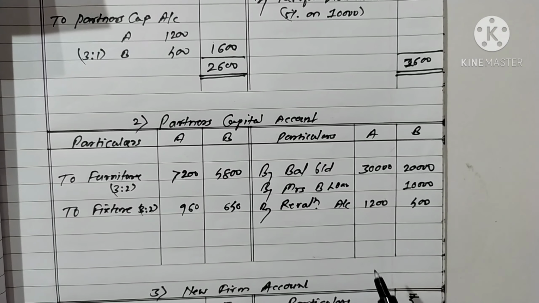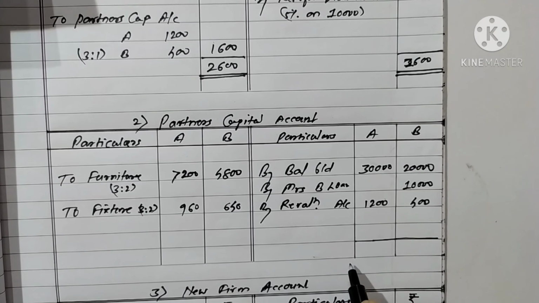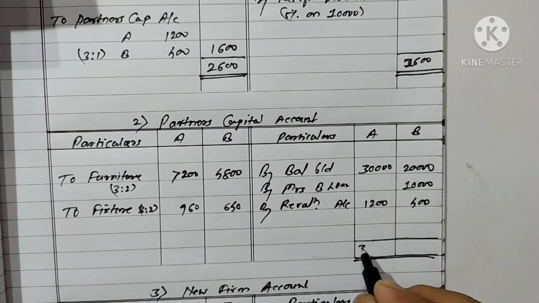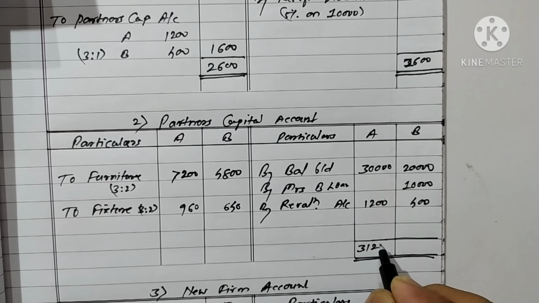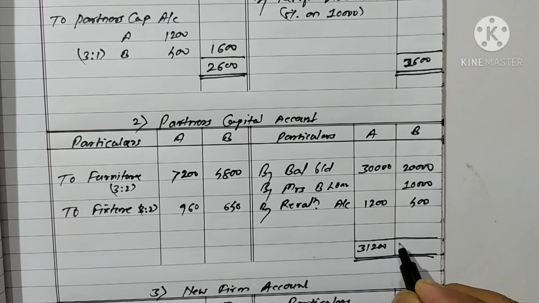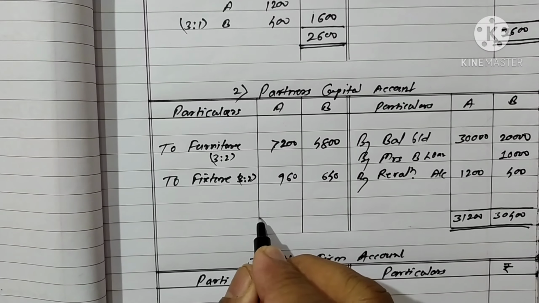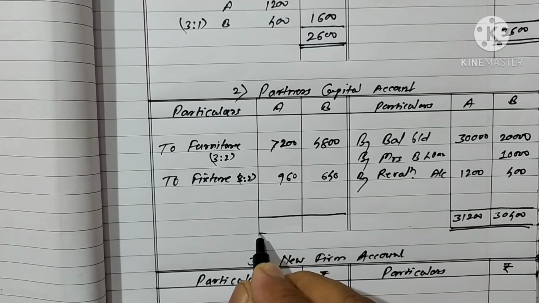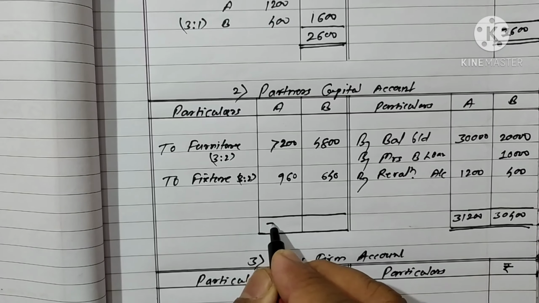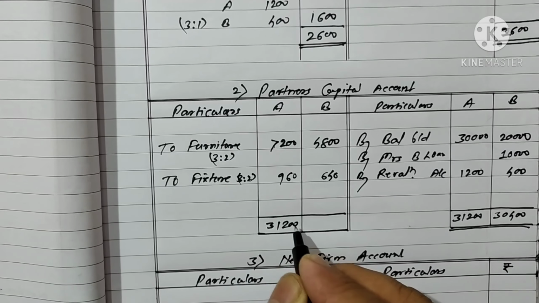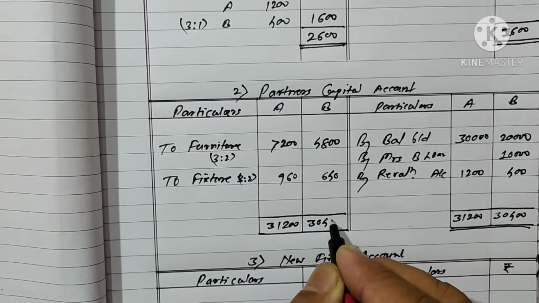Now we go to close the partners' capital account. Total 31,200 and 30,400. Write it on the debit side.